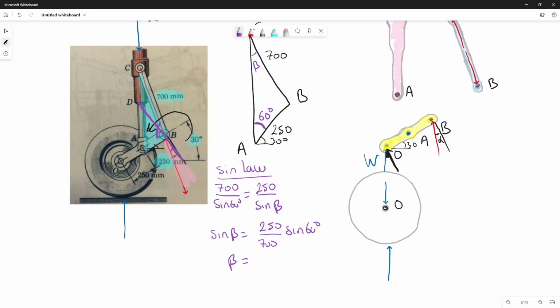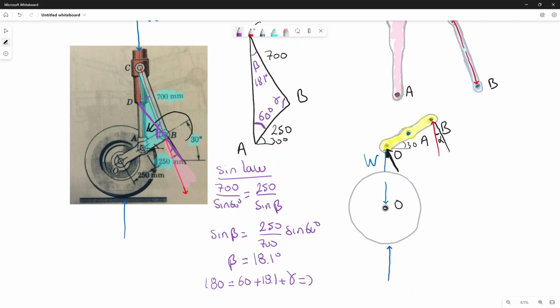So let's see how much we get. 18.1 degrees. And it makes sense that it's small, that this angle on the top. So there we have 18.1 degrees. If we want to find, let's call that gamma, we can use the fact that 180 is equal to 60 plus 18.1 plus gamma.